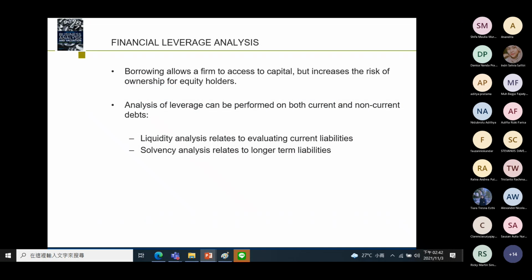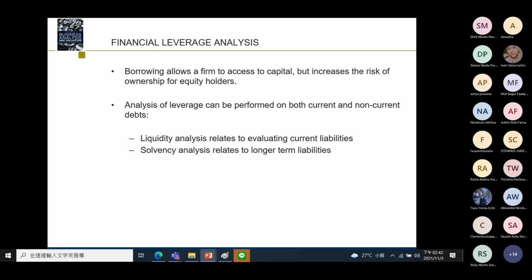Financial leverage analysis. Okay, financial leverage enables a firm to have an asset base larger than its equity. The firm can augment its equity through borrowing and the creation of other liabilities like trade payables, provisions, and deferred taxes.